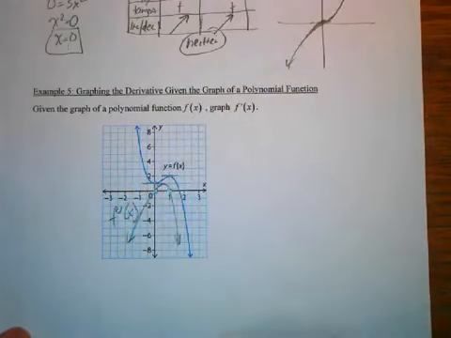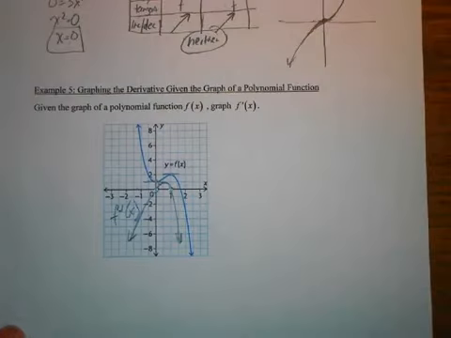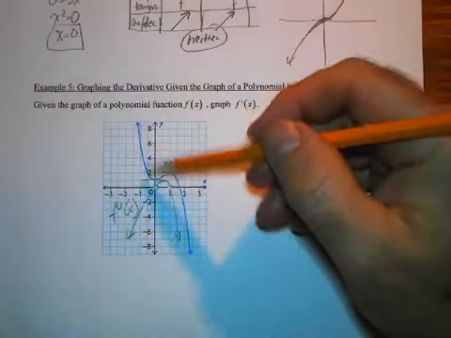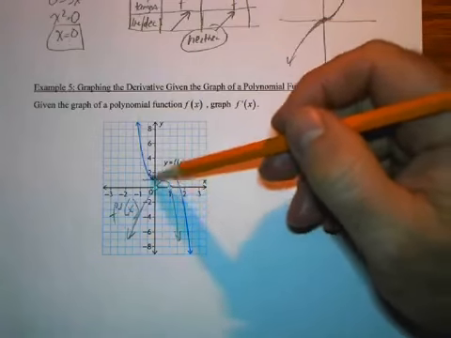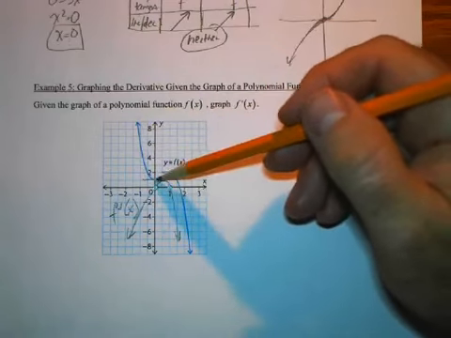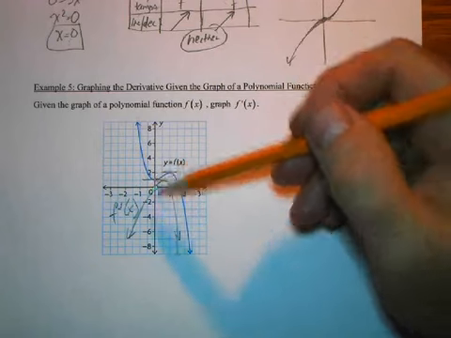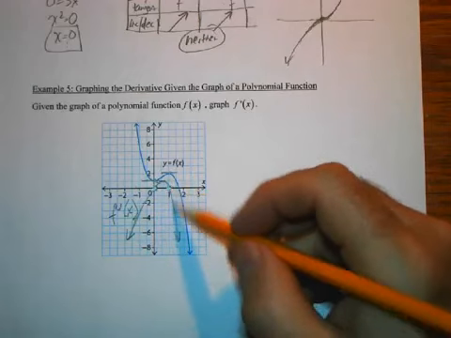F prime of x is what I just drew in there. You could sort of tell that the original function looks pretty close to a cubic based on what you learned from advanced functions. So the derivative function would be a quadratic because you're lowering the degree by 1. So the fact that our graph looks like that makes sense.